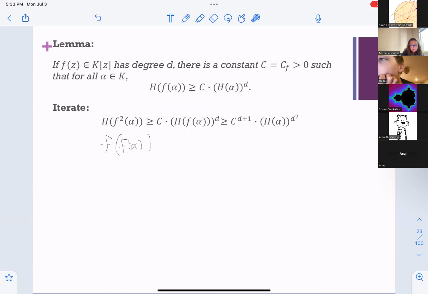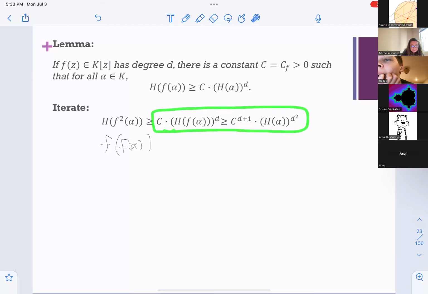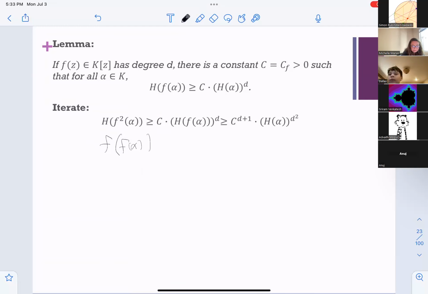I'm applying this equation with f of alpha in the role of alpha and f squared of alpha in the role of f of alpha. And then I apply it again and I get another inequality, right? Because this inside here, maybe I'll write it out. This is bigger or equal to c times h of alpha to the dth power, right? So I raise all of that to the d, and that's how I get this next equation.